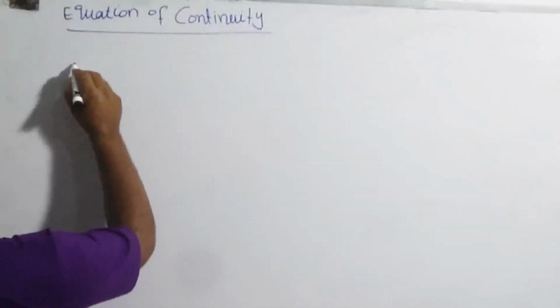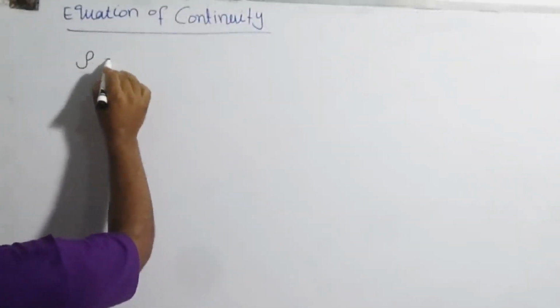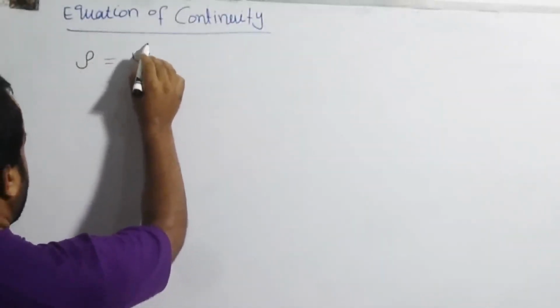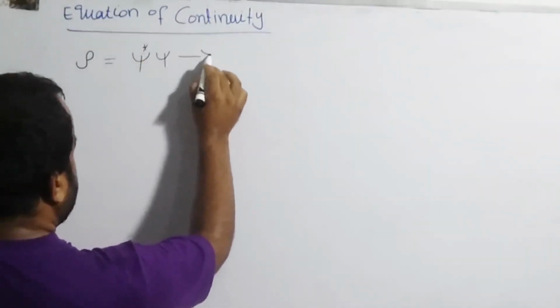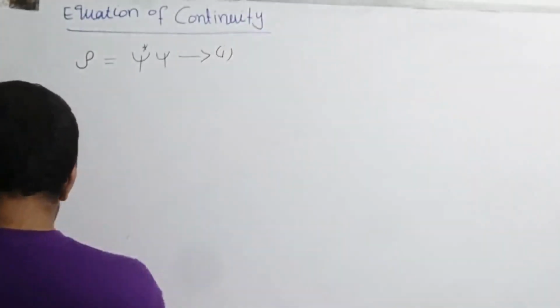The probability density for the wave function is given by rho, which is equal to psi star psi, and suppose this is equation 1.